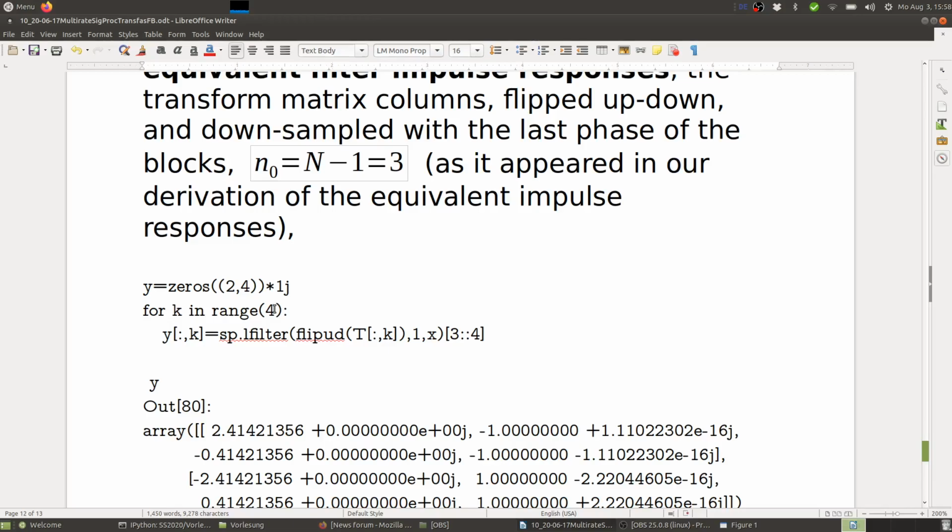So it goes from k equals 0 to k equals 3. Yeah, and in the end you should have our subbands. So here you get the subbands for each column, you get the filter output, and that's done for each k.